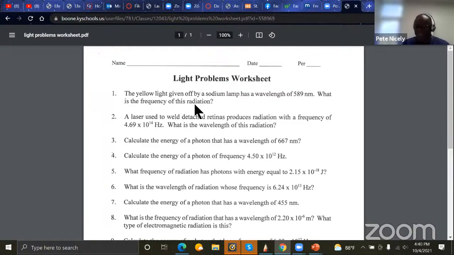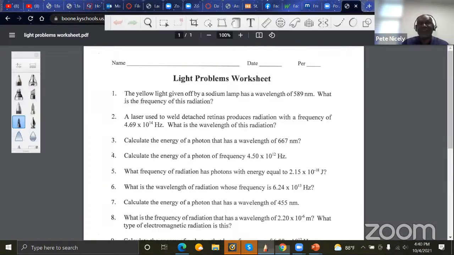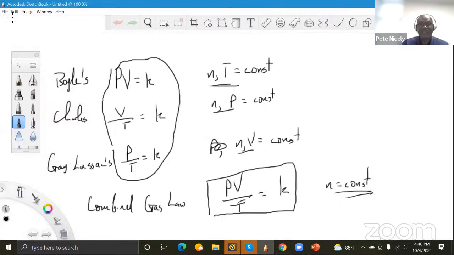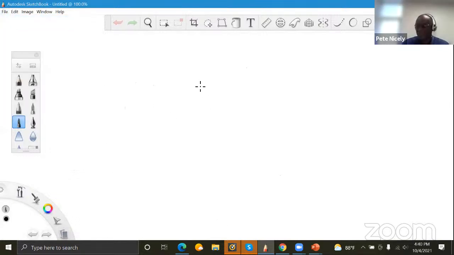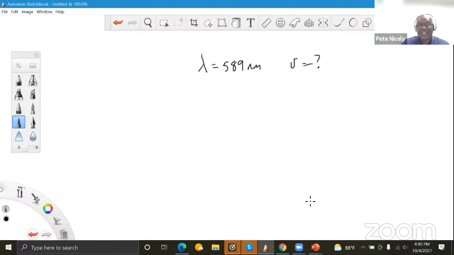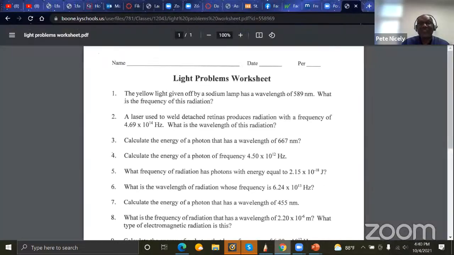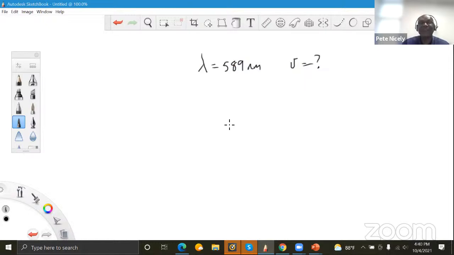So basically you're given the wavelength, lambda, which is equal to 589 nanometers. And the question is asking for the frequency. Let me just look at the question again just to be sure. Right, the question is asking for the frequency.